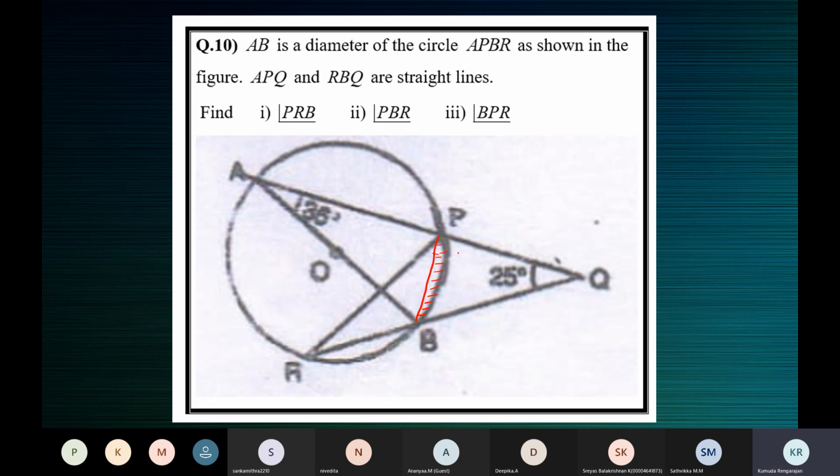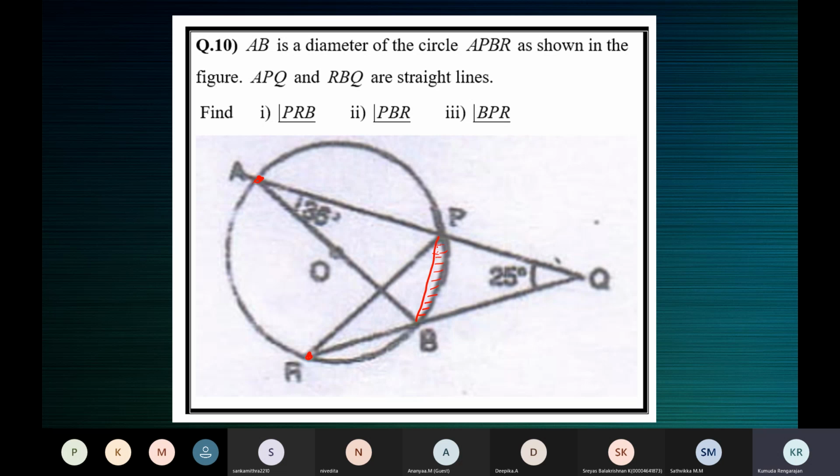The rest of it is the major segment. So you can see that the points A and R, at which the angles are made, are points on the circumference of the major segment.